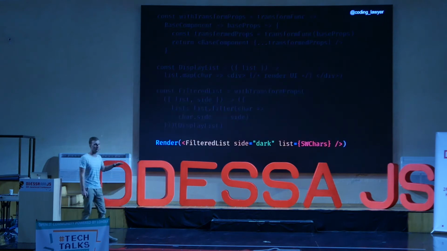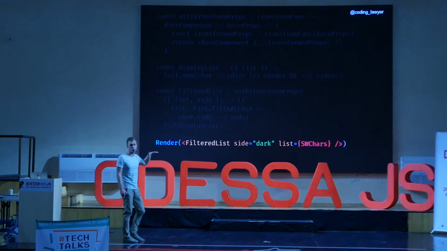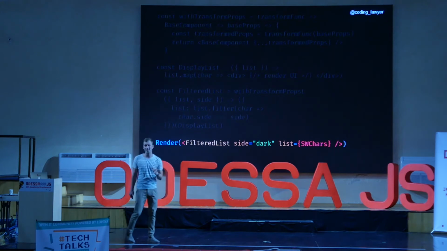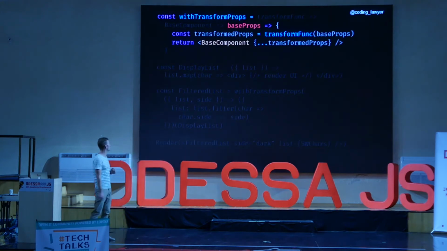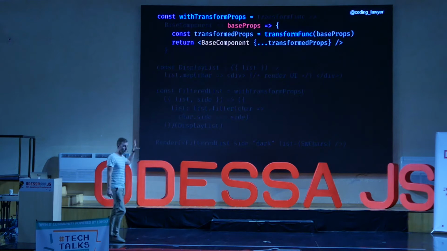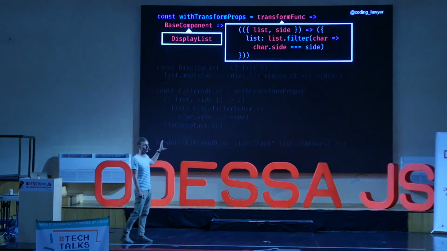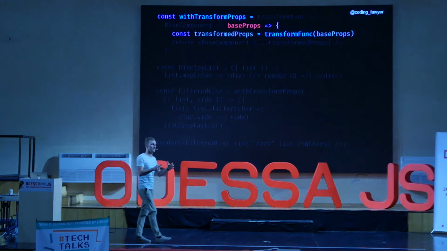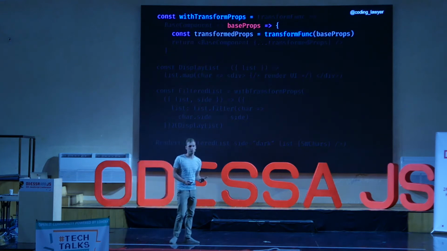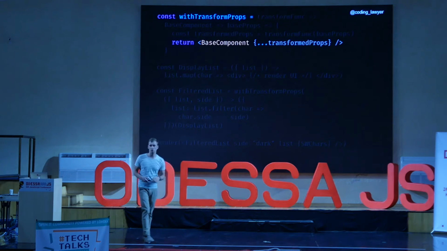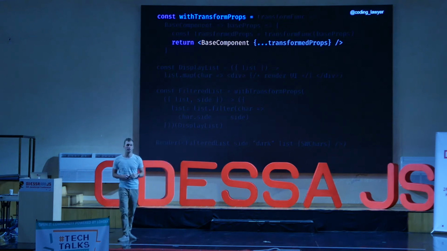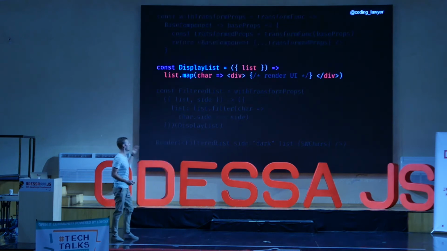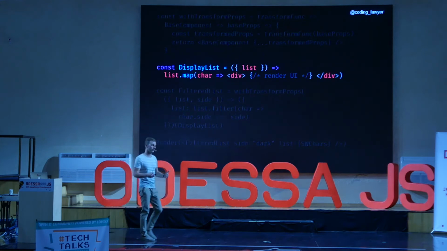So we pass props, and the props go to the filteredList component, that is the component returned from withTransformProps. Here we have our configuration function inside the closure, so we use it to filter props. We will get a list of filtered Star Wars characters. Then we will pass it to the base component, that is our displayList. And displayList just displays the list of Star Wars characters on the screen.